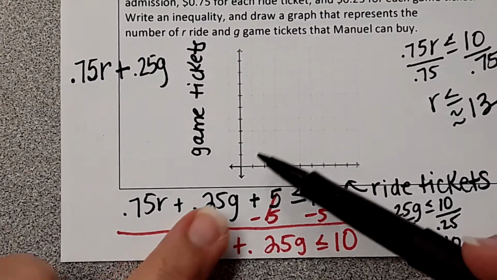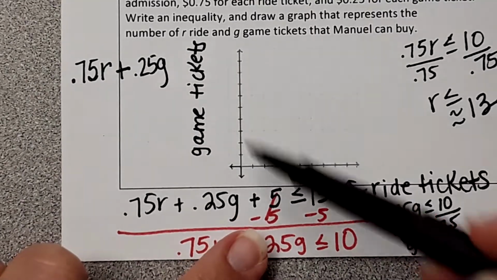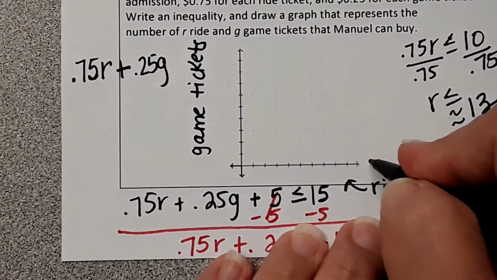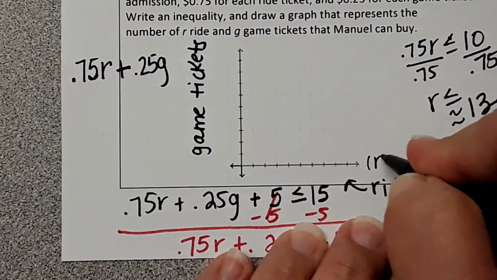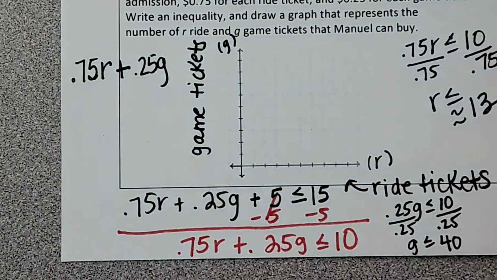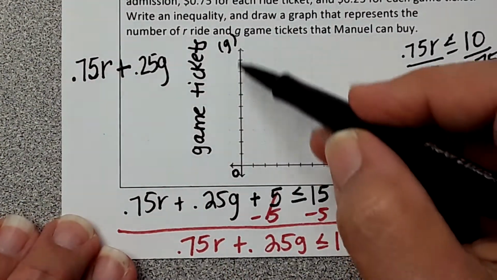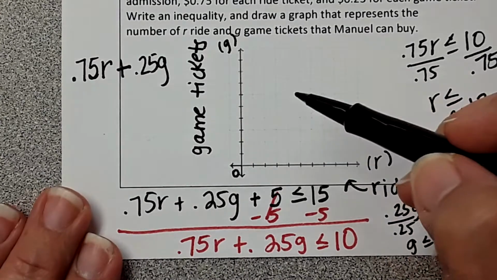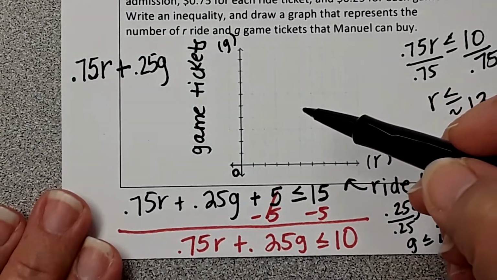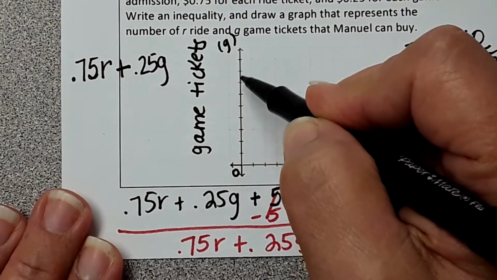So we need to figure out what our axis should be. So we're going to put this as ride tickets. This is going to be our R. This is going to be our G. And now let's count. This is 0. What should we count for the game tickets if we're going up by 40s? How about, what do you think? 5s? 5, 10, 15, 20, 25, 30, 35, 40, 45.